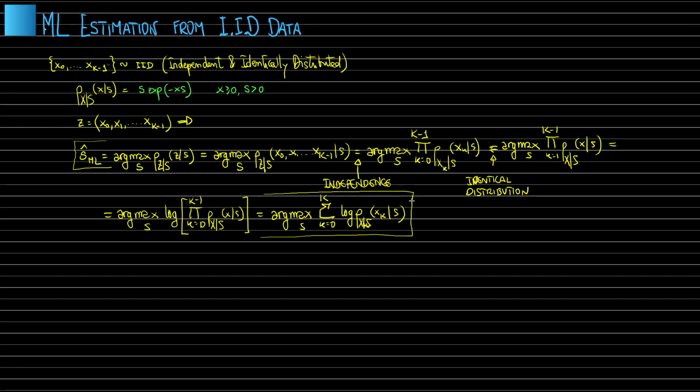This is the general solution to the problem of maximum likelihood estimation from a collection of observations. Now we can just apply this general formula to the particular distribution that we have defined, the exponential distribution.